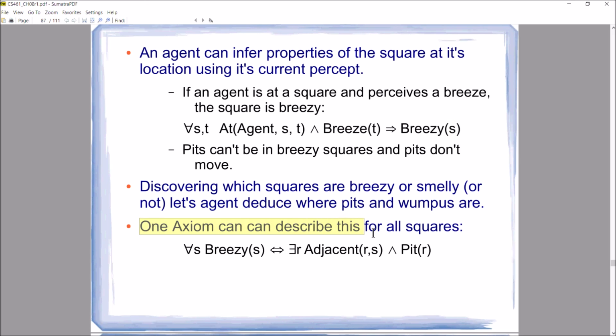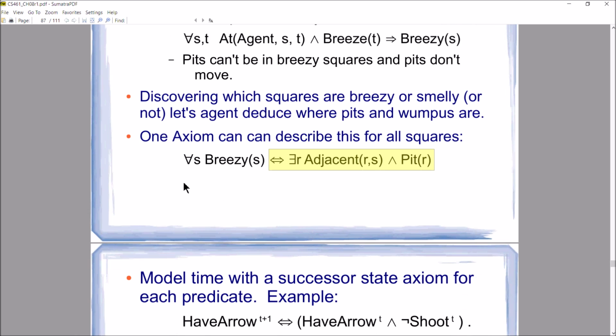So here's one axiom that can be used to describe that. For any space, a space is breezy if and only if there exists some r that's adjacent to that space and that object r is a pit, okay?